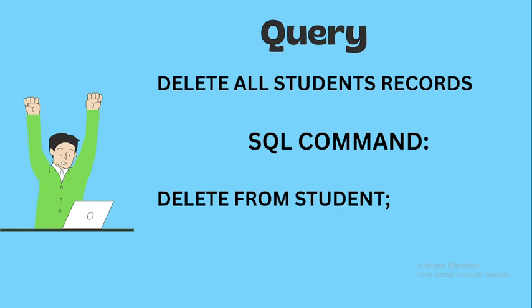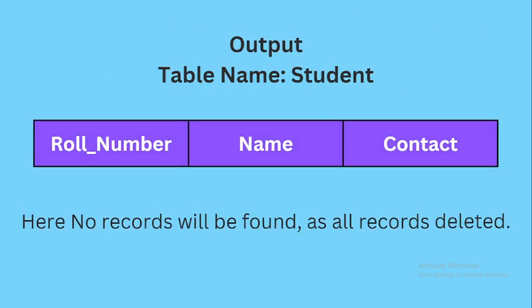Once you execute this command, you will get only the structure of the table, meaning only the columns will be available, but there will be no record found in that table because all the data has been deleted, or we can say all the records have been deleted. So once you execute this SQL command, you will get your output like this. You will have only the columns available, but you will not find any single data because the entire data has been deleted.